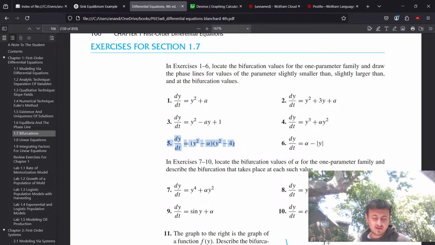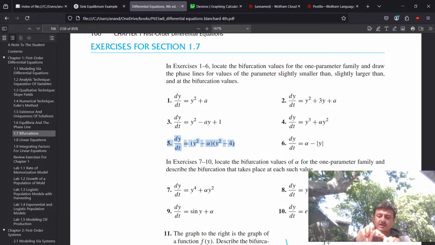Before it was easy when it's a quadratic, because you could just find the collapse. But anyways, we have pretty good intuition that a equal to 0 is going to be important, because when a is equal to 0, 2 fixed points collapse into one fixed point, because square root of 0 is just 0.